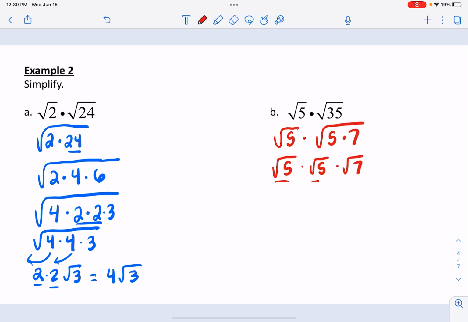Now if you see two numbers that are the same, that can become root 5 squared. 5 squared was really 25, but that can break out of my radical and become a 5 root 7 outside. So 2 different ways to approach the problem. There's a couple other ways you could approach it.